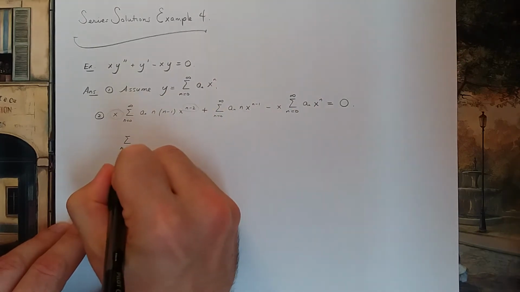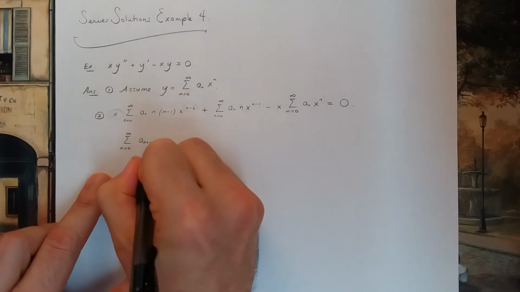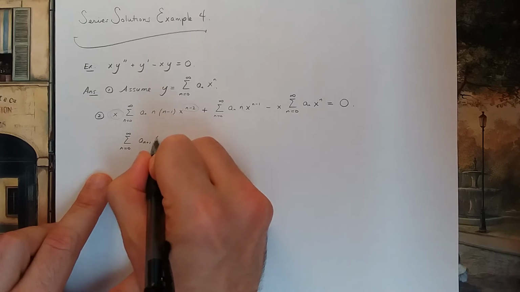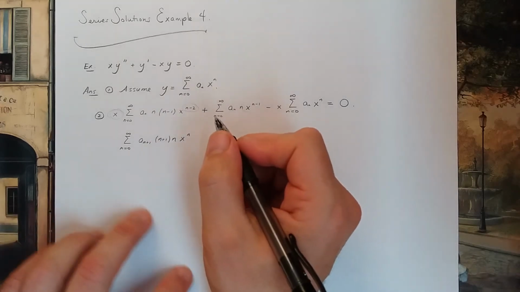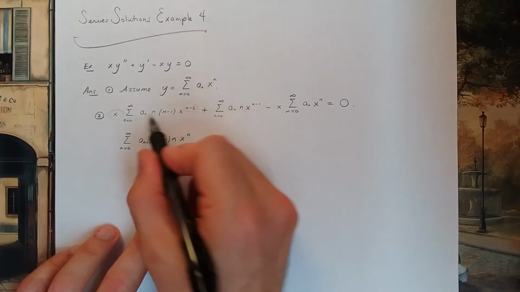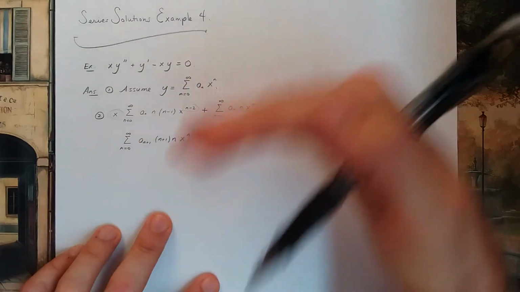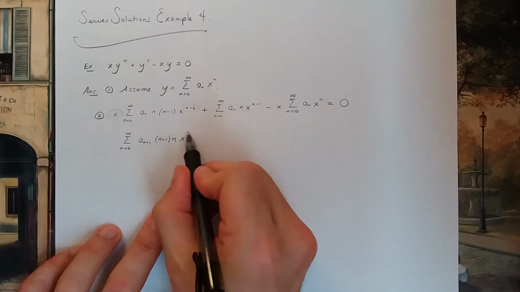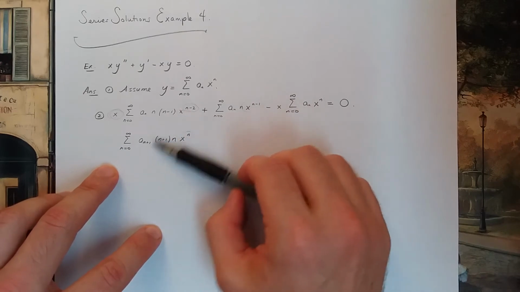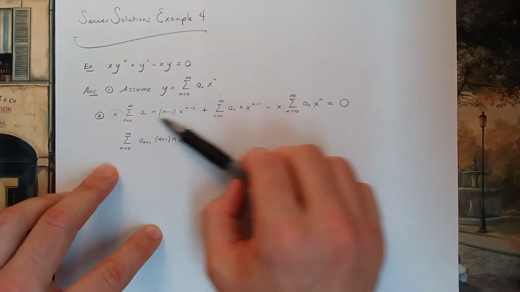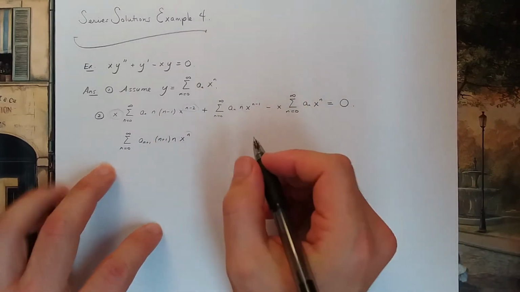I get the sum from 0 to infinity of a_(n+1) (n+1) n x to the n. What I just did was shift all the indices by 1, because I want to increase n by 1 to get x to the n. If you're ever confused about this shifting of the indexing, just plug in the first couple values of n into both series and check that you did the right calculation.